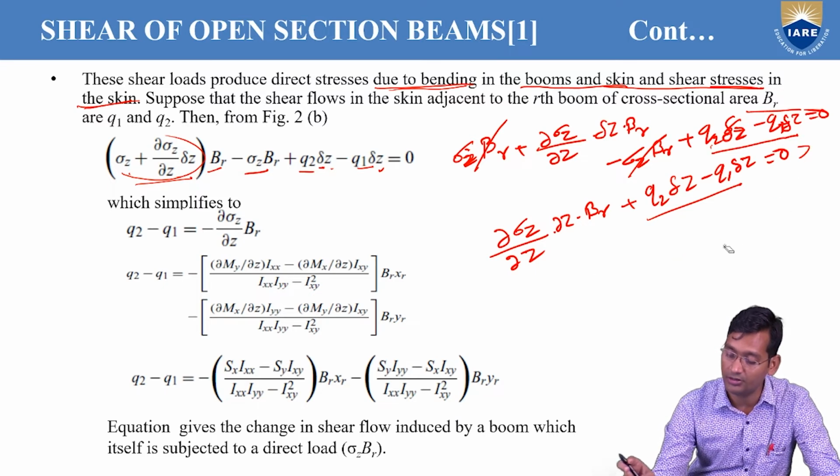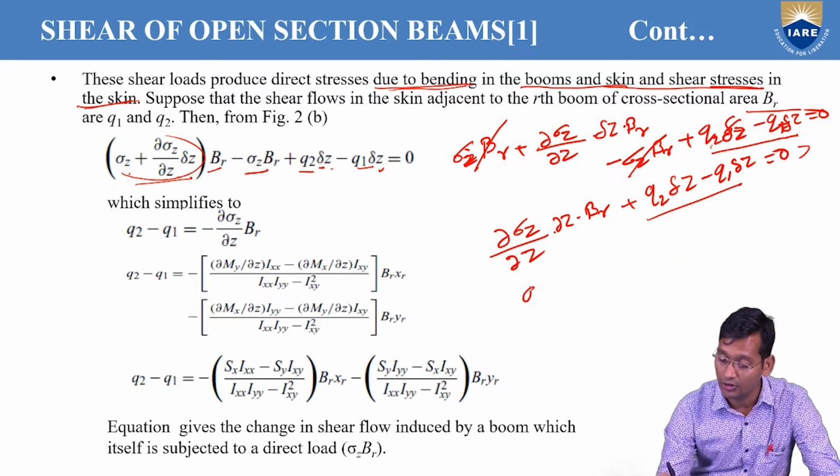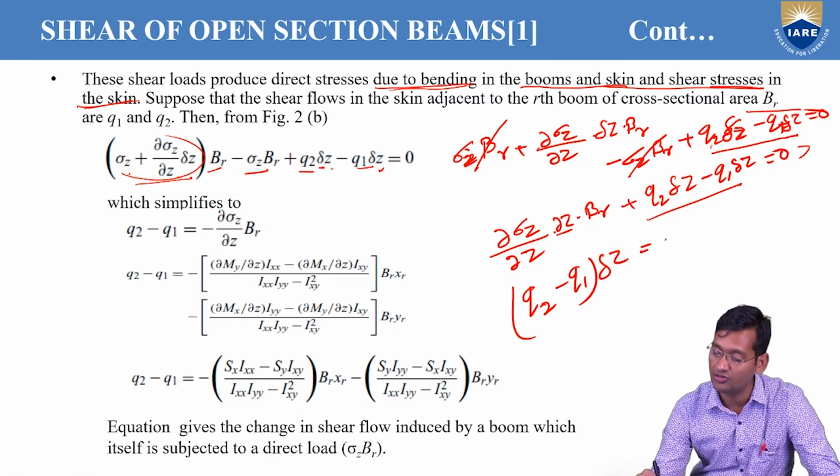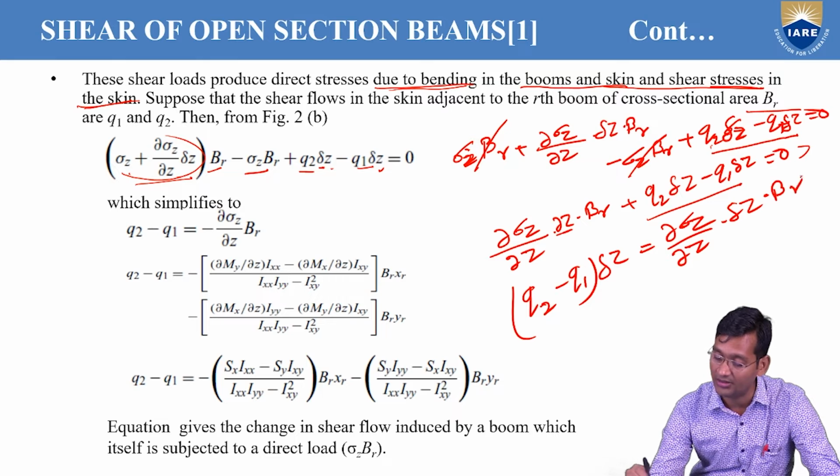So after that, what we get: Q2, taking del z common, so Q2 minus Q1. Why del z? Because del z is there, so that we can cancel it. That is equal to del sigma z by del z into del z into B_r, with a minus sign. Why? Because on this side it will go to minus.